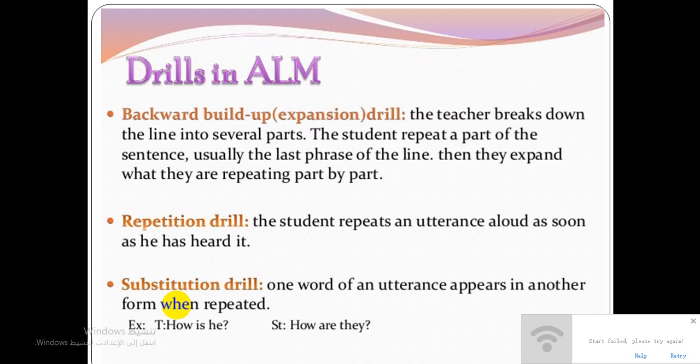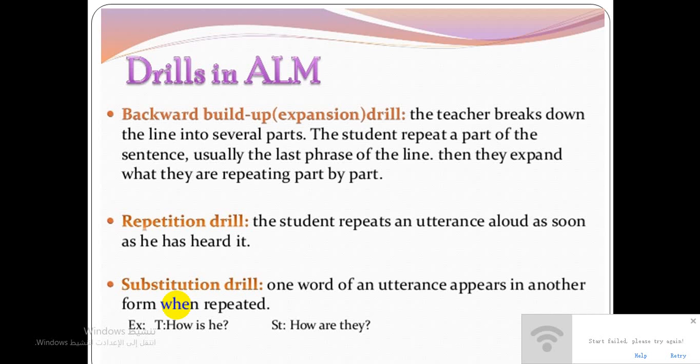Drills in the audiolingual method. We have many activities and drills, like the backward build-up expansion drill. This drill is used when a long line of a dialogue is giving students trouble. The teacher breaks down the line into several parts. The students repeat a part of the sentence, usually the last phrase of the line, then the following part, as the teacher cues the students.